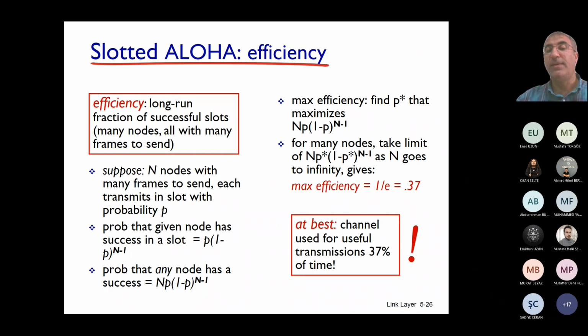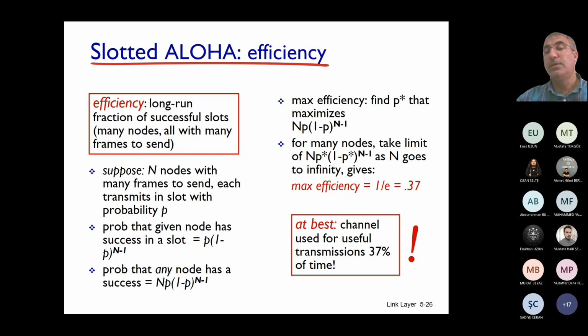Assume that we have n nodes with many frames to send, and each transmits in a slot with probability p. The probability that a given node has success in a slot is p times (1 minus p) to the power of n minus 1. The probability that any node has a success is n times the above probability.